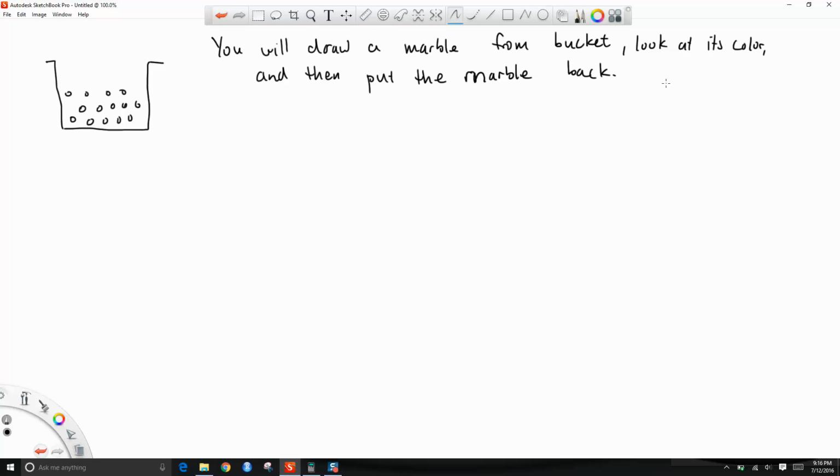Every time we draw a marble, look at the color, and put it back, the amount of marbles in the bucket remains the same, right? So from one draw to the next, which marble we get is independent. Each marble draw is independent.